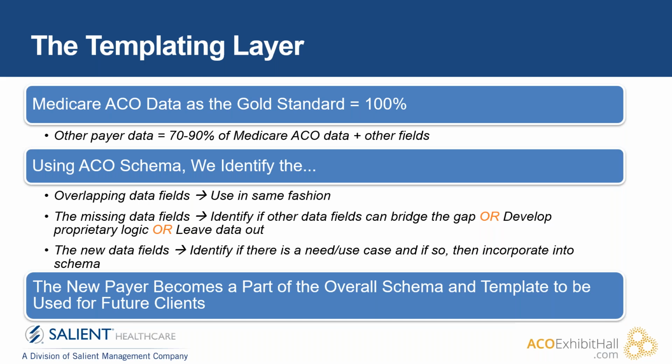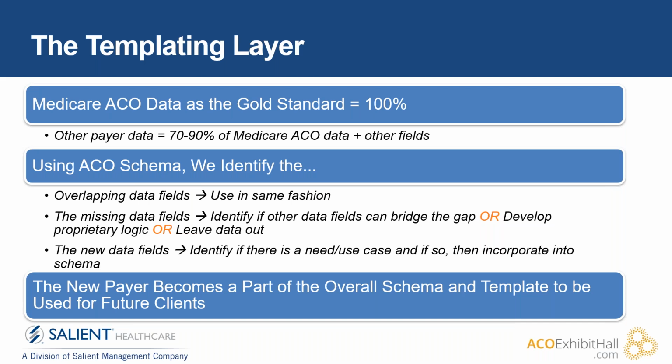Salient uses the templating layer, for which the Medicare ACO data is the gold standard. Medicare provides this data in a standardized fashion on a monthly basis. Commercial payers will only provide about 70 to 90% of the same data, and then also include some additional fields. We identify the overlapping fields and then use them in the same fashion. Next, we will identify any missing data fields in the overall template.